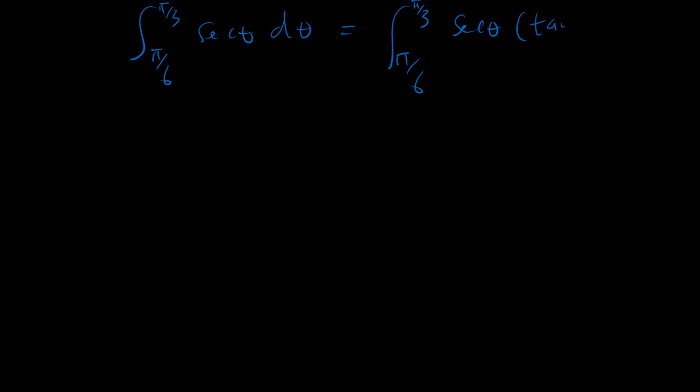The integral is from pi over 6 to pi over 3 of sec theta d theta. I'm going to use a nifty trick here on how to solve this. So sec theta is the same as sec theta times tan theta plus sec theta, divided by tan theta plus sec theta, d theta.